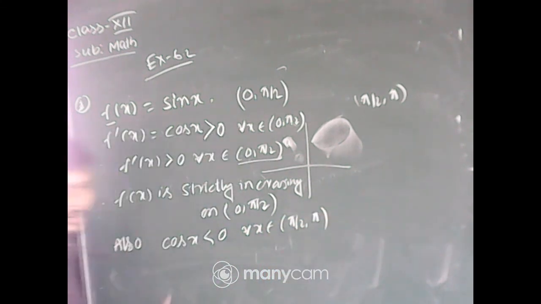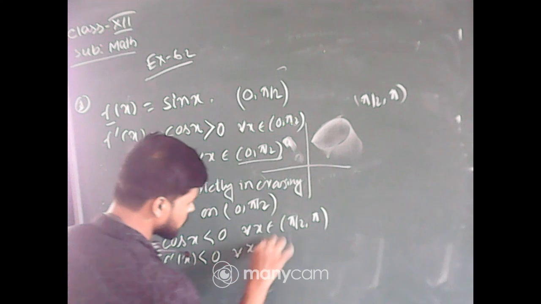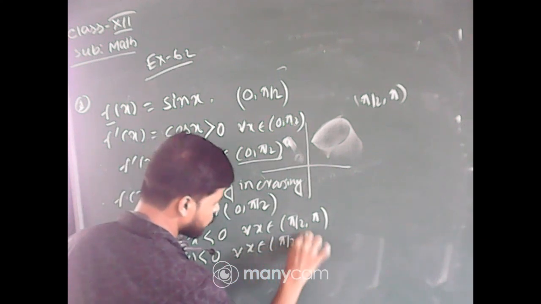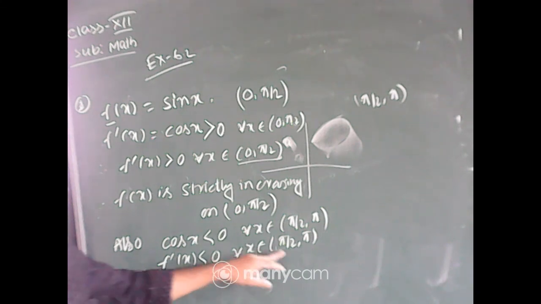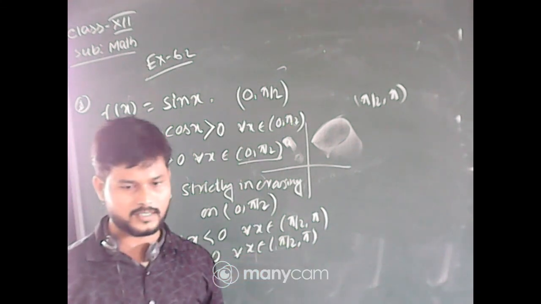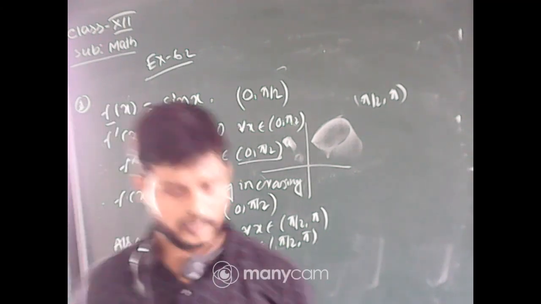That means f dash x is less than 0 for all x belongs to pi by 2 to pi. That means the function is strictly decreasing on the interval pi by 2 to pi, and hence this is the complete proof.